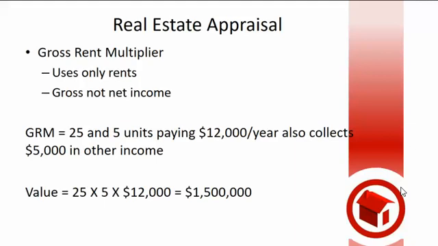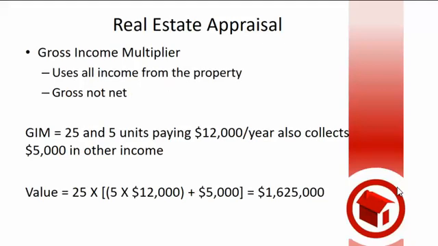Notice what I did not add into that. Well, I didn't add the expenses because it's gross. But what else did I not add in? Other income. It's a gross rent multiplier. Now, for those of you that like to look ahead, guess what? They also have a gross income multiplier, because the income it generates also has some value.